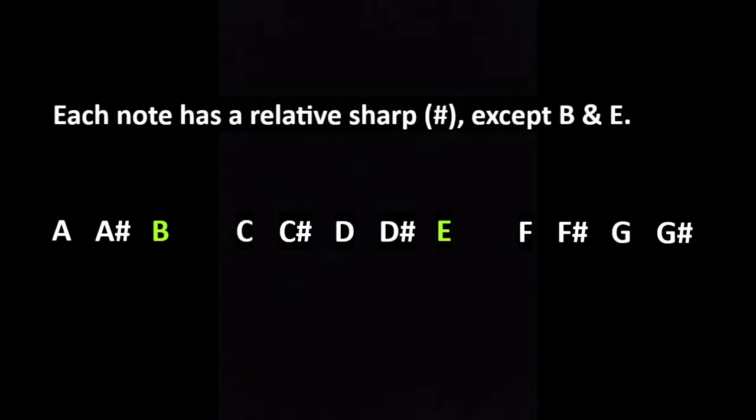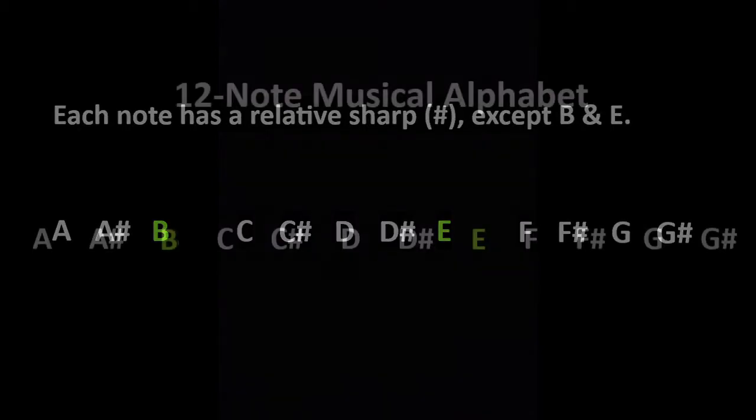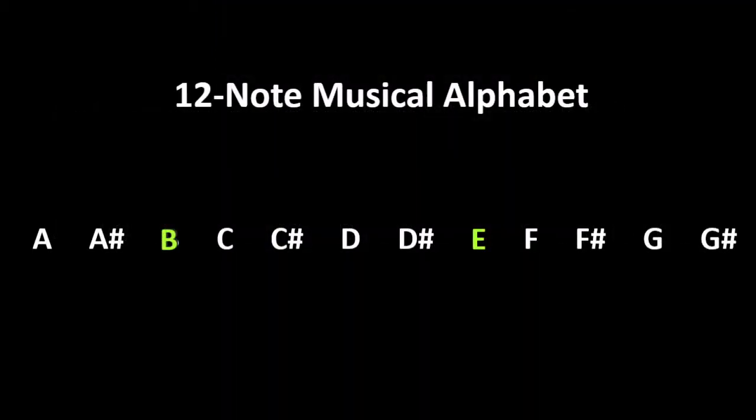Remember, notes B and E do not have relative sharp notes. And there we have our 12-note musical alphabet, upon which the music we listen to in the Western world is based. Memorizing this musical alphabet will benefit you greatly going forward.